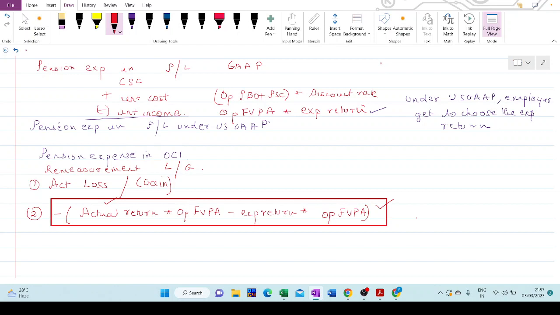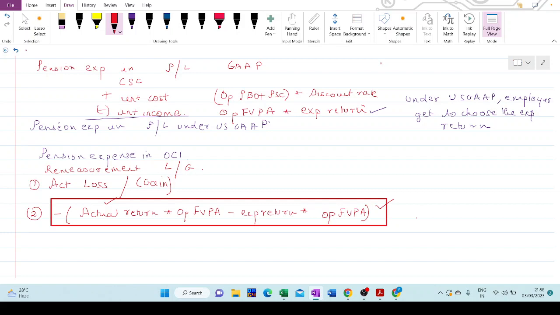And this is the purpose of creating OCI. The purpose of OCI is to report unrealized gains and losses. So, with this complicated entry, we've been able to achieve many things, right? We've reduced the volatility of earnings in the income statement. We no longer deviate from the financial reality. And the actual return, which is an unrealized gain, sits in the OCI, and this is what the OCI is meant for, to report unrealized gains and losses.